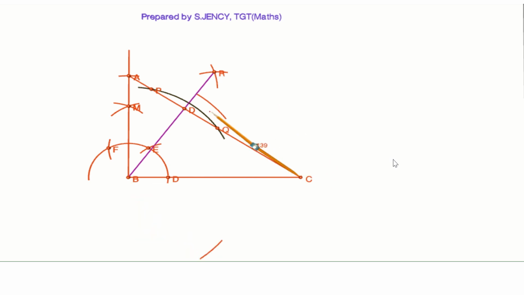Again from C, this is the perpendicular of BC. Marking the intersection point H. Then I am joining this.